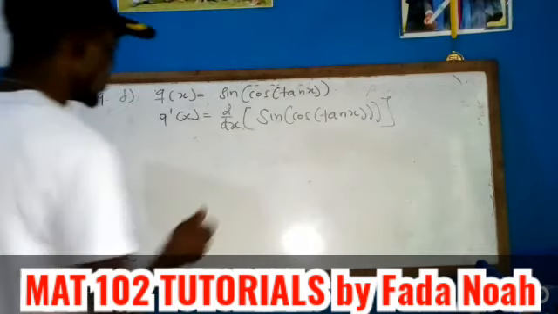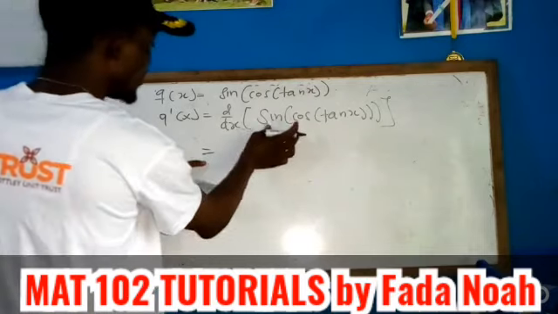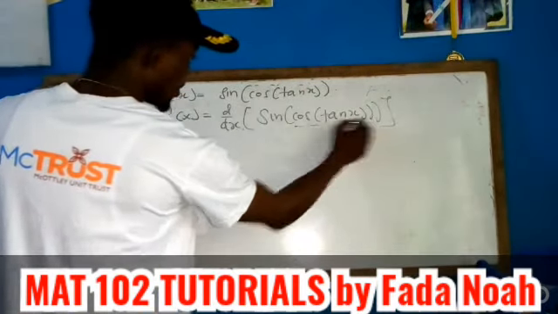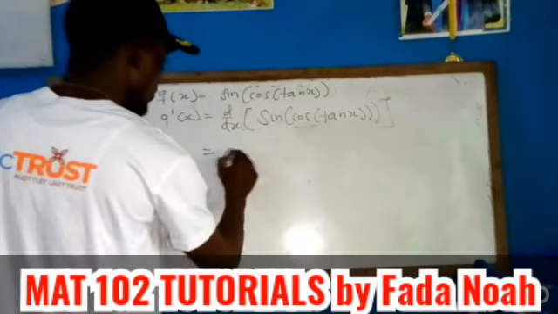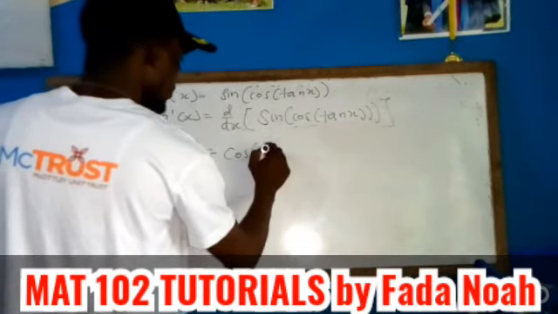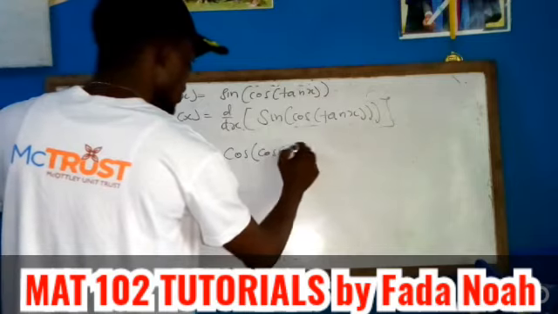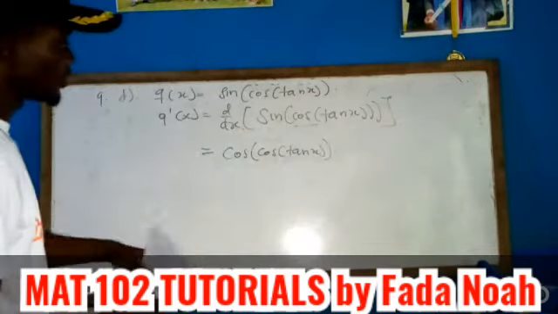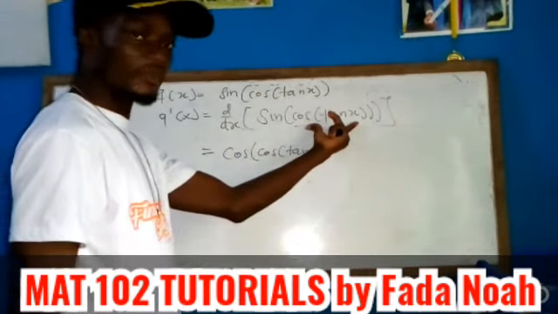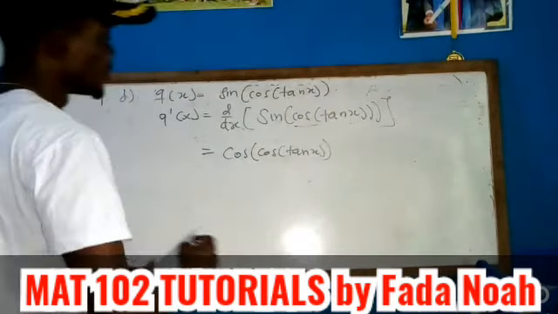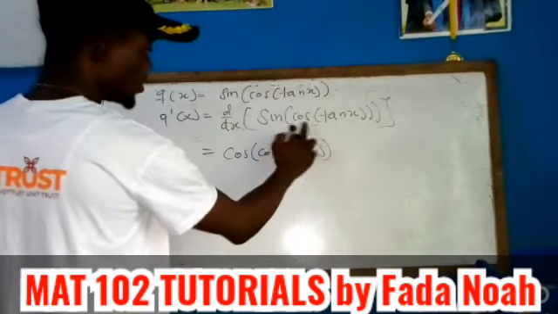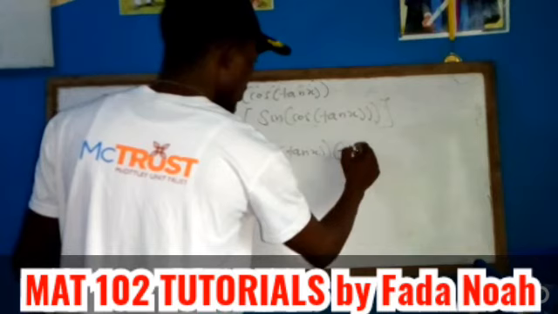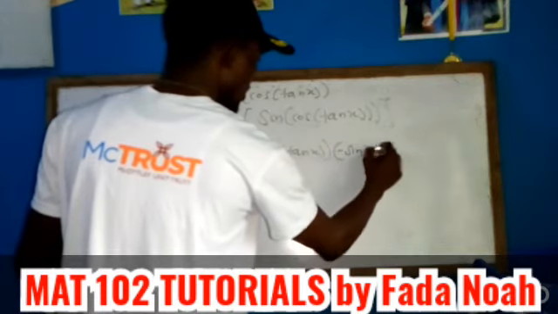So the first one, we differentiate sine, so we treat the whole of this one as an angle. Okay, so you have cos of cos tan x times the derivative of the function inside the sine. So the derivative of the function inside the sine is cos. Okay, so we have minus sine of what? Tan x.